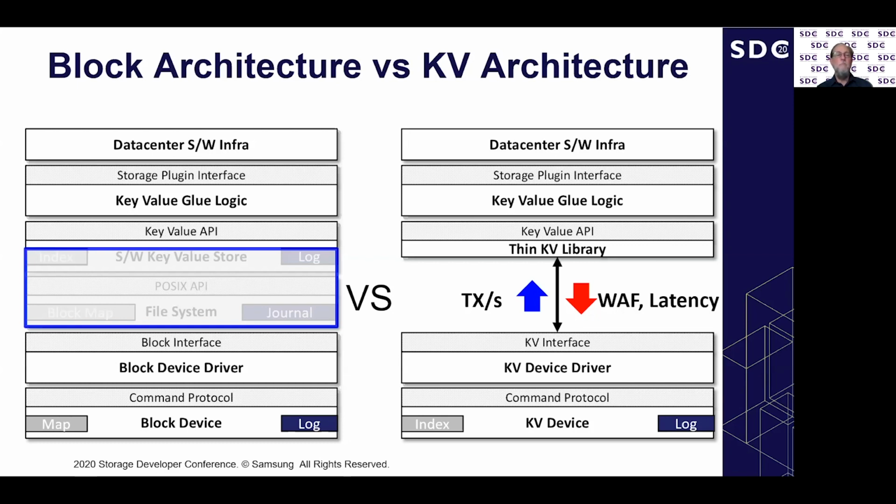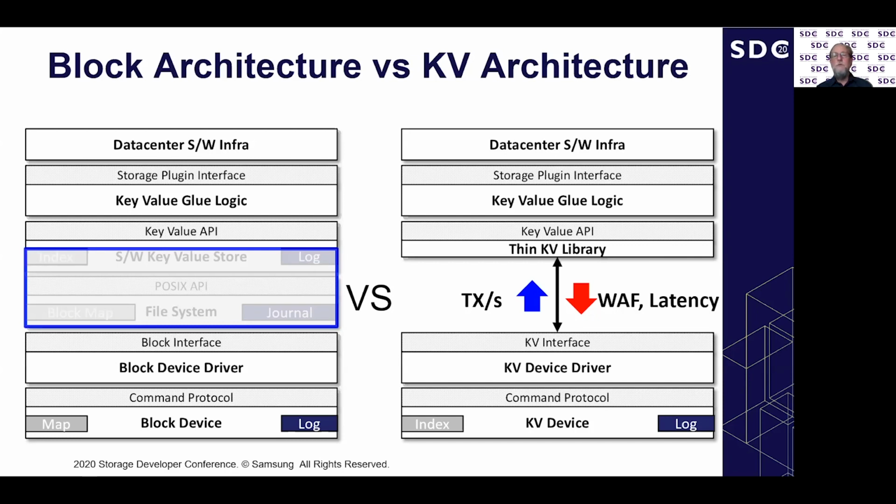So you are mapping the key to a file system, which is in turn mapped to the block storage. You then go through a block interface to your block storage device and write it in blocks, where you have mapped between the block and the logical block and the physical block.